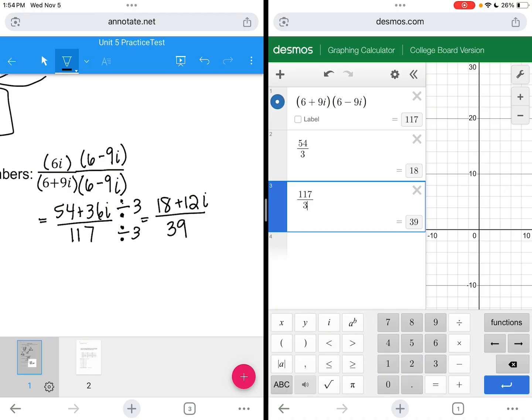We can actually divide these by 3 again. And we're going to get 6 plus 4i all over 13. That's our final answer.